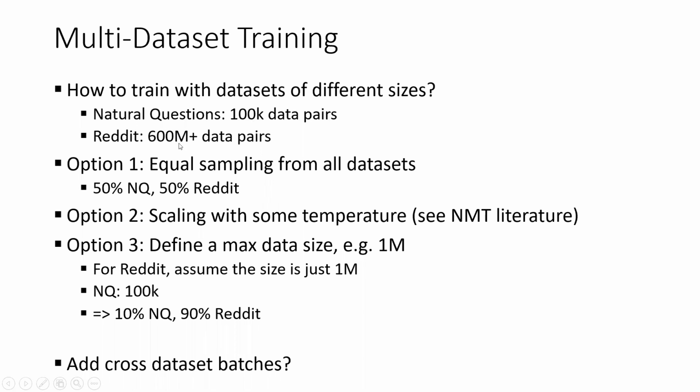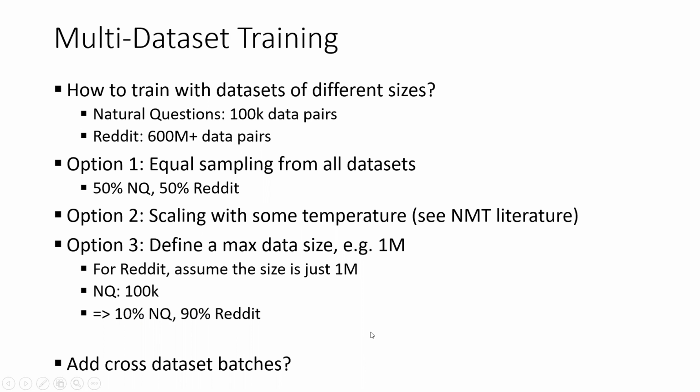This is quite common in neural machine translation. Or there's an option to define a max data size. So you say, okay, everything above 1 million, I cap at 1 million. So for Reddit, you assume that the size is just 1 million. And NQ has a data set size of 100K. So you train roughly 10% with NQ and 90% with Reddit.